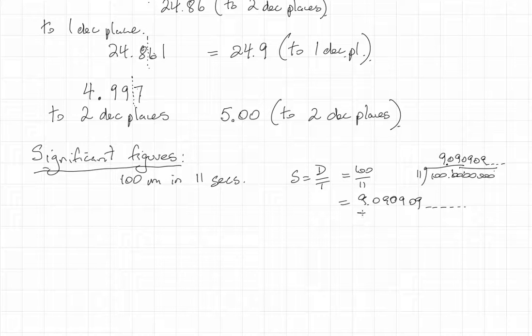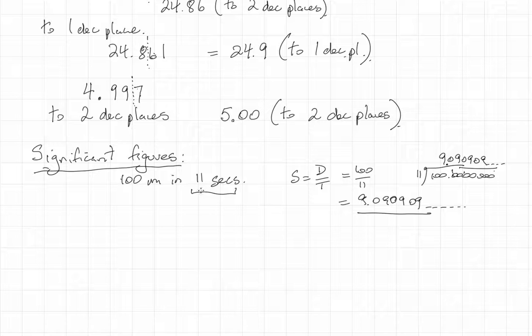Now, it does not make sense to give your answer as that, or any more decimal places, because who's to know when you were measuring this that you had exactly 100 meters, or you had 100.02 meters, or you had 99.95 meters measured out. The other thing that could have been out is 11 seconds.